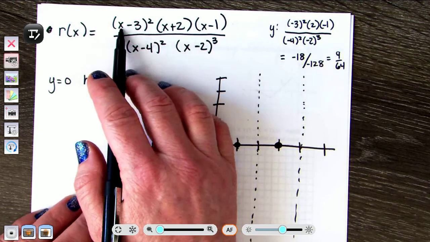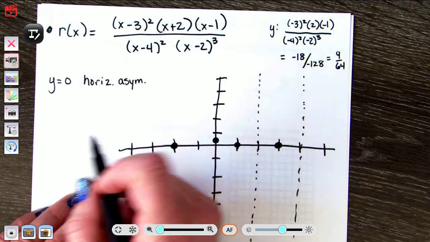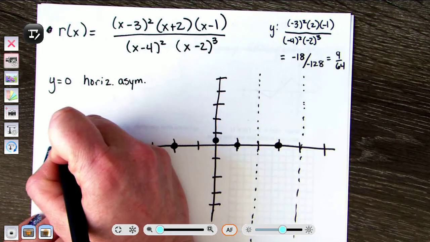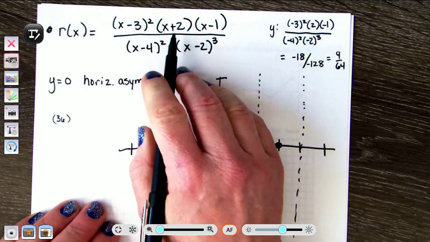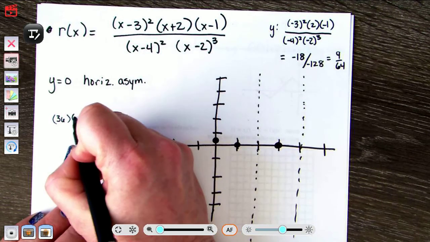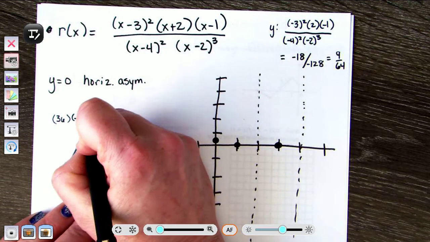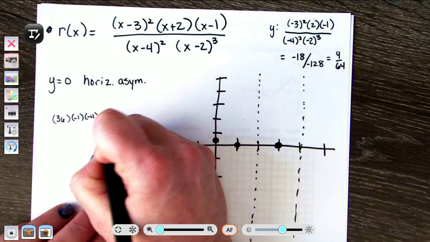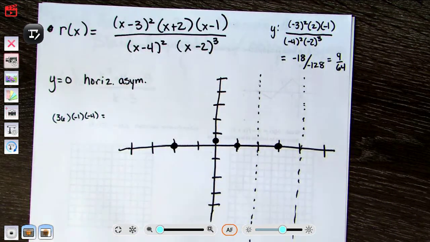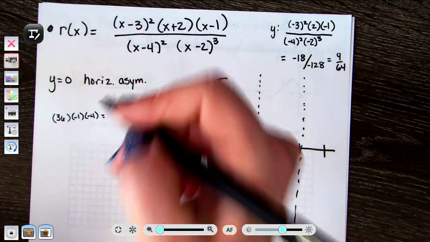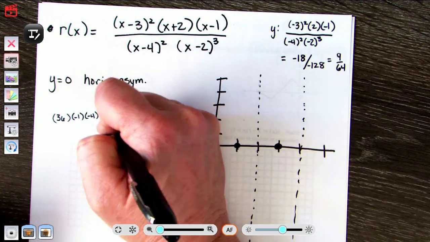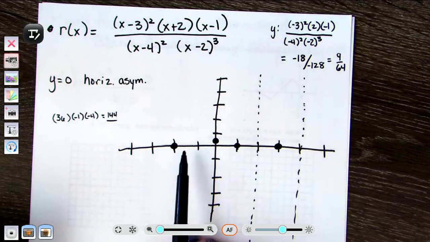So -3 minus 3, that's -6, so that's 36. Write these things down. Times a -1 times a -4. That's going to give me a big number. So 36 times 4. It's 144. All right, and I'm doing -3.